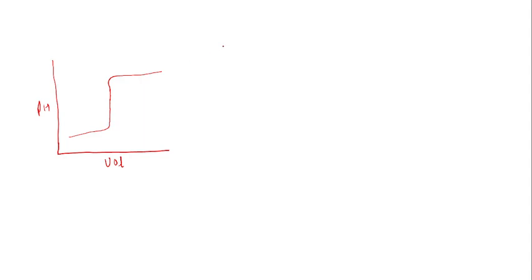If you add one more drop of your titrant, suddenly the pH will increase like that. At this particular point of your titrant volume, the pH will change. So at that point you can find the n value.